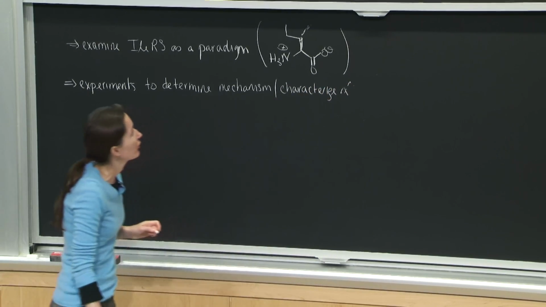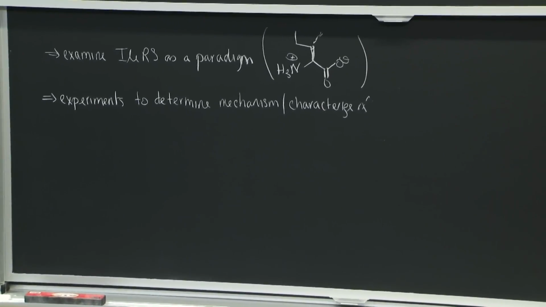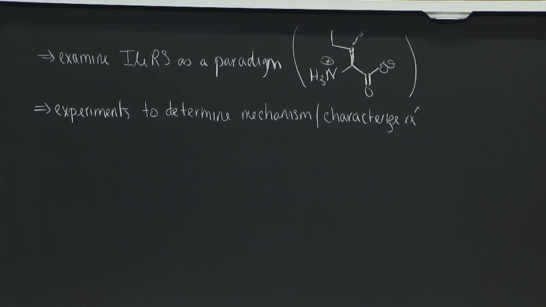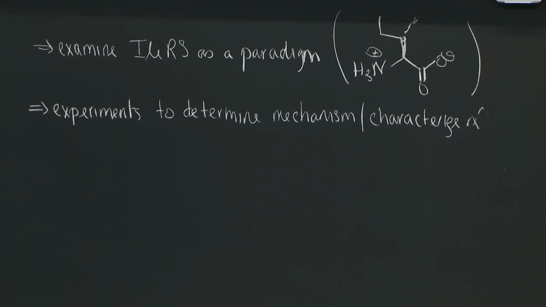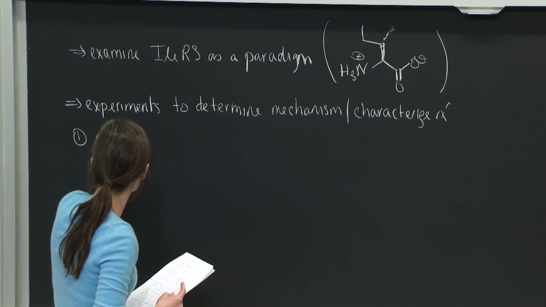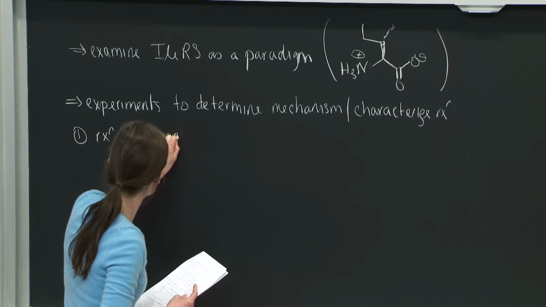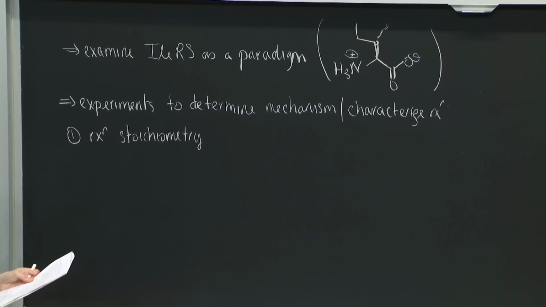Okay, so one thing we need to confirm is reaction stoichiometry, right? So there's a stoichiometry up in what I've written above, but experimentally that needs to be determined. Okay, so one, reaction stoichiometry. And so how can we think about this?